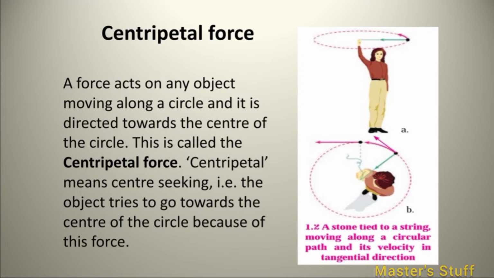This arrow indicates the force that is pointing towards the center, called centripetal force. Thus, in short, we may say that the centripetal force is the force that is directed towards the center when the object is in circular path or circular motion.